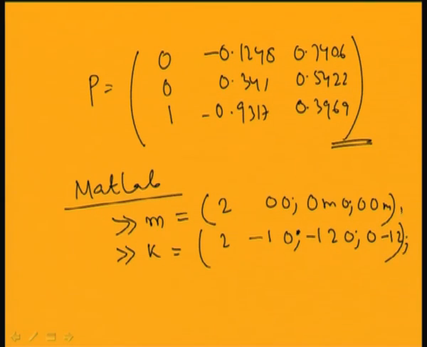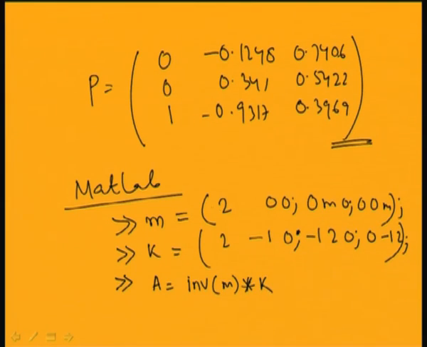Now, A equal to M inverse K, so you write A equal to inv(M) times K.